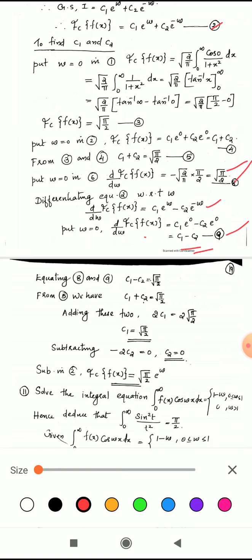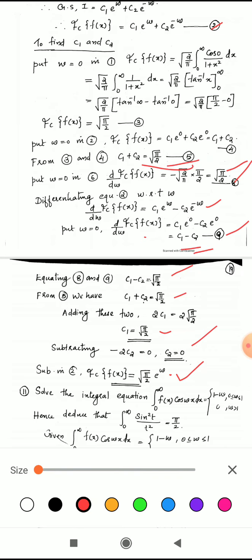From equations 8 and 9, we have c1 minus c2 equal to root of pi by 2. From equation 5, we have c1 plus c2 equal to root of pi by 2. So solving these two equations, we have c1 equal to root of pi by 2 and c2 equal to 0. Therefore the Fourier cosine transform is root of pi by 2 into e raised to minus omega.